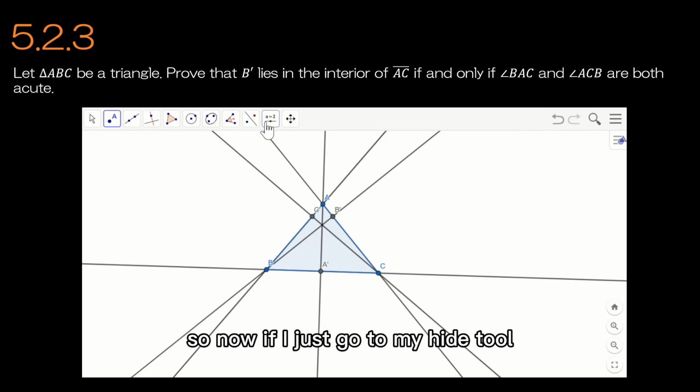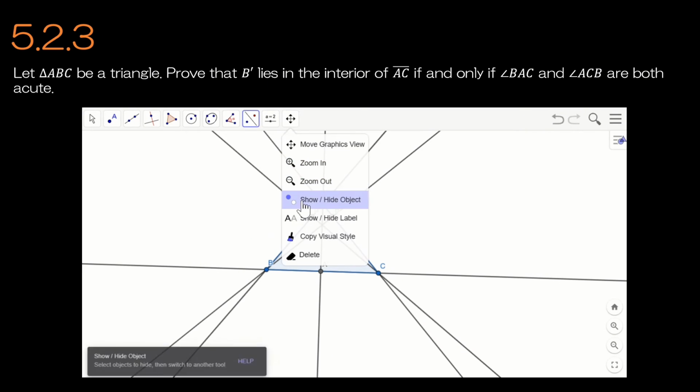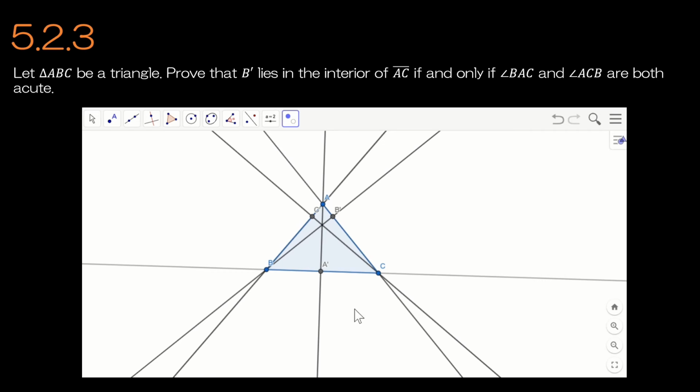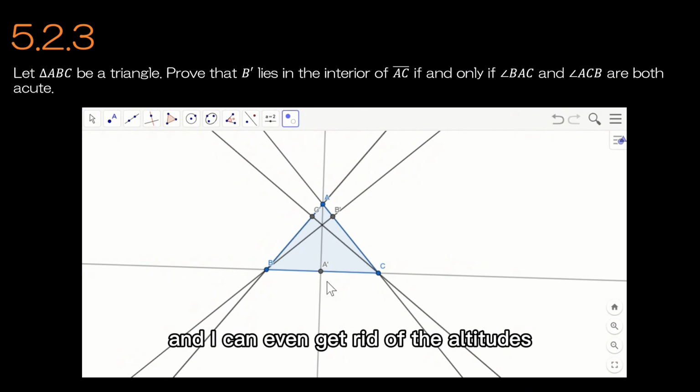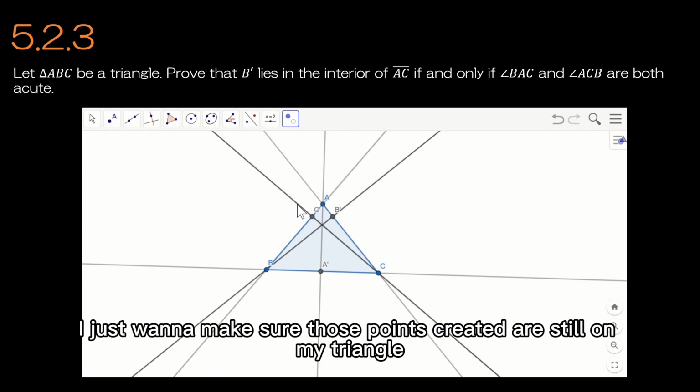So now if I just go to my hide tool and I get rid of those extra sidelines, and I can even get rid of the altitudes because really all I care about is those points created. So I just want to make sure those points created are still on my triangle.